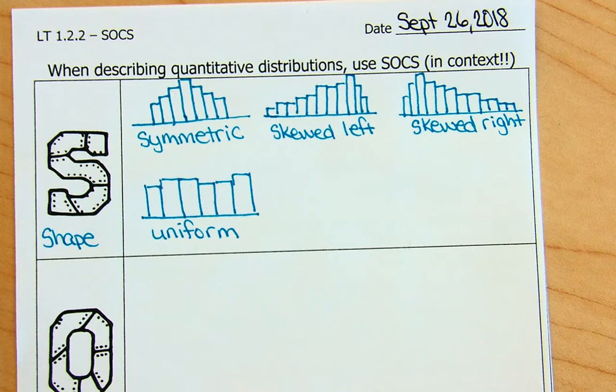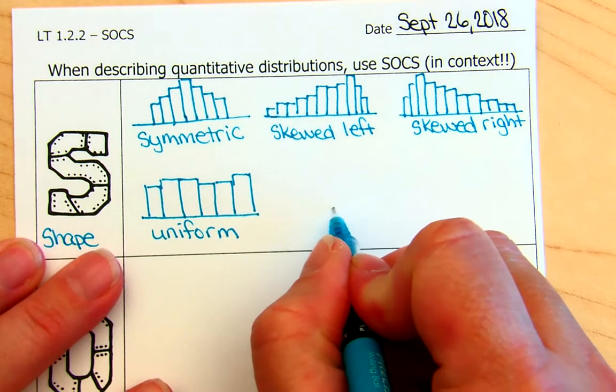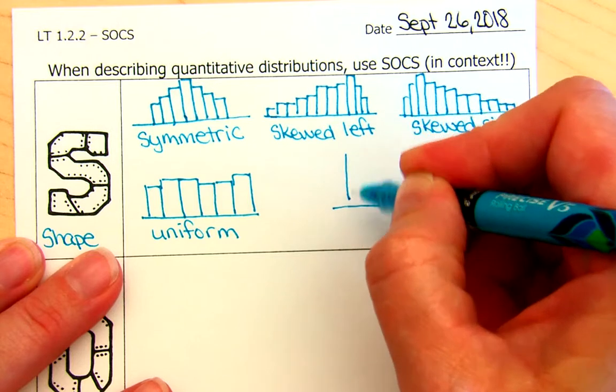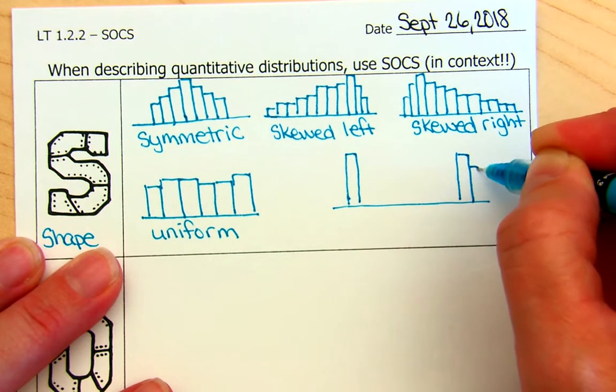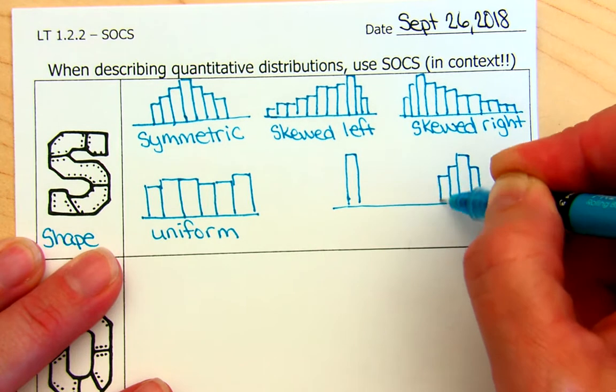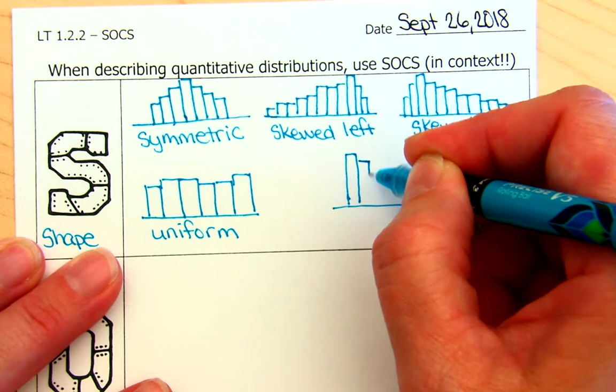Okay, the other one, we have one more. Does anybody have a guess what the other one is? The random one where they're all... Miscellaneous. They're everywhere. Okay. My first hour had the best description of this. They were like, it's the whoosh one. I was like, I like that. The whoosh one. Yeah. This one, there's a tall part over here, and there's a tall part over here. Exactly.